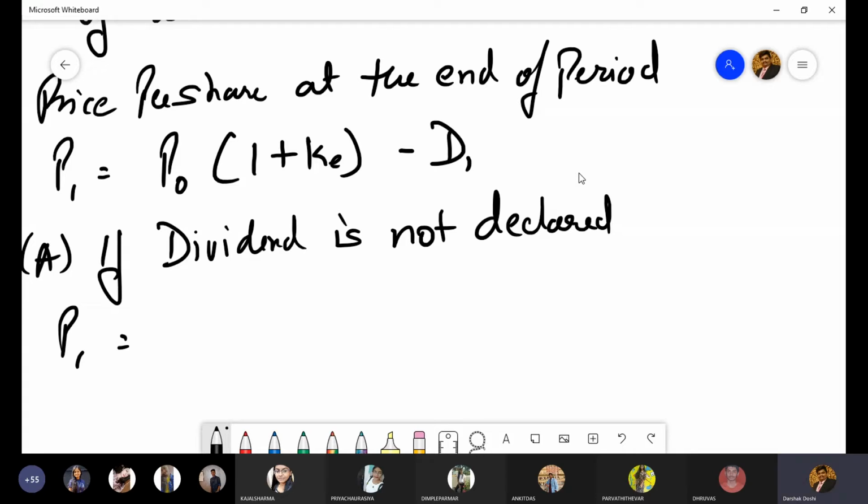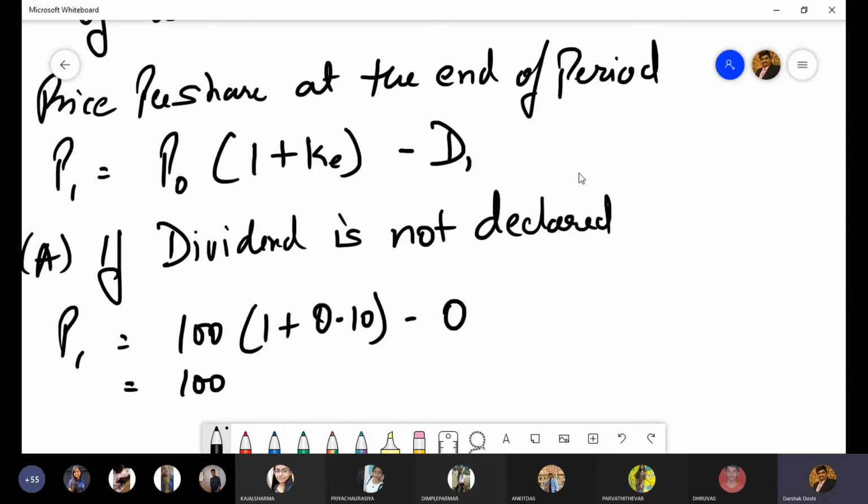So 100. What is the capitalization rate given to you? 10%. Not declaring dividend, so dividend at the end is 0. 100 into 1.10 minus 0. So we get an answer as 110 per share.